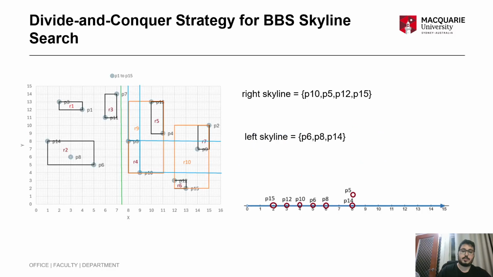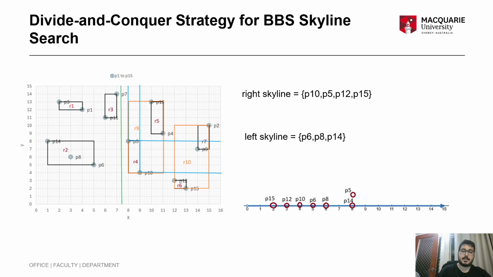After that, we will build a one-dimensional dominance screening line and place the points on the line, where the points placed must be the coordinates of the y-axis, as the left skyline is 100% in the skyline as it dominates in the x-axis.